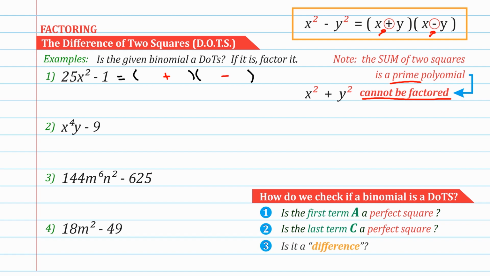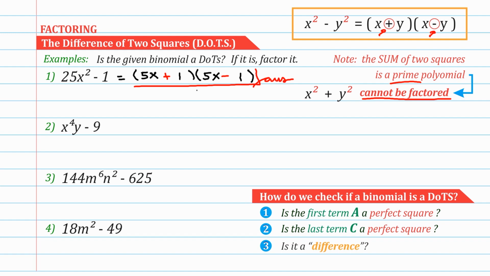After, square root of 25, it's 5. Kopya, 5. Square root of x squared, x. Kopya, x. And then finally, yung second term, square root of 1, 1. Kopya, 1. And of course, we can check by using the FOIL method.